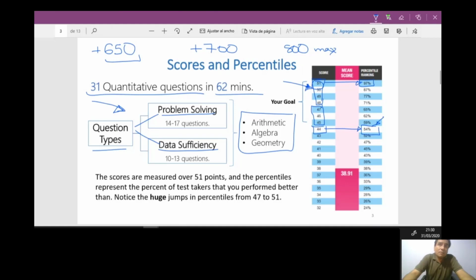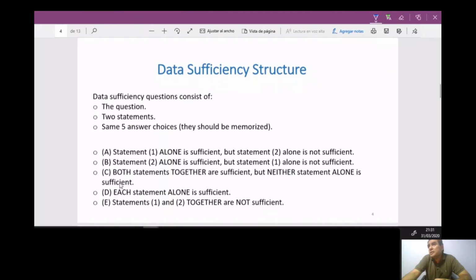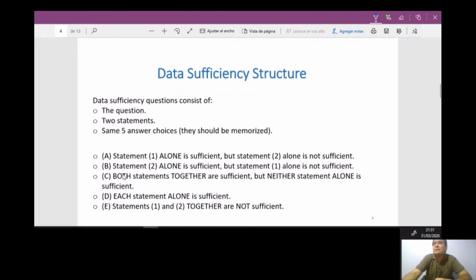Now, people, let's move on to talking about the data sufficiency question format. The data sufficiency question format consists of a question, basically something we have to solve.